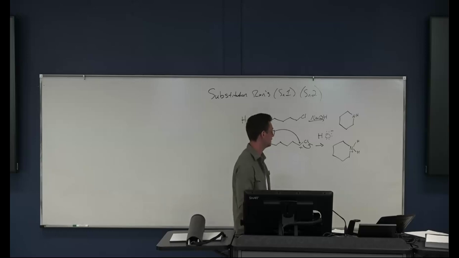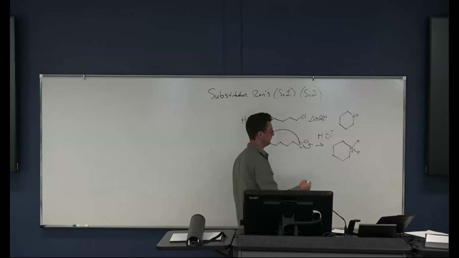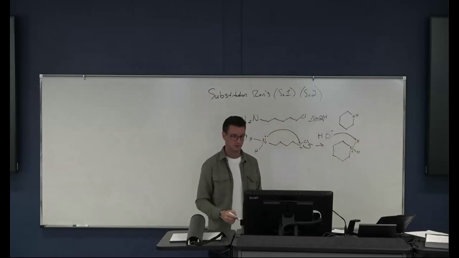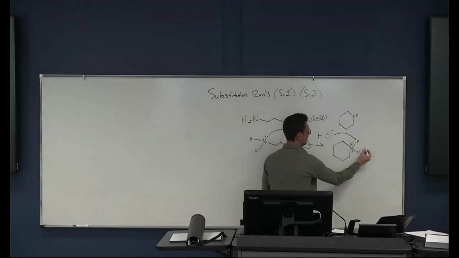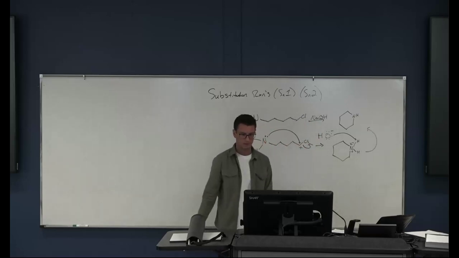Water. So it needs a hydrogen. Where is it going to get that hydrogen from? One of those. Our curved arrow is going to go from our lone pair on the hydroxide to take that hydrogen. And here we get the final product.